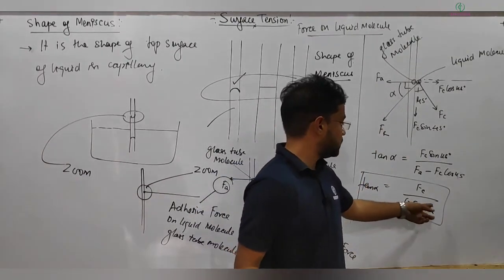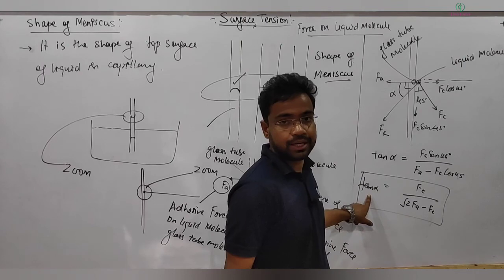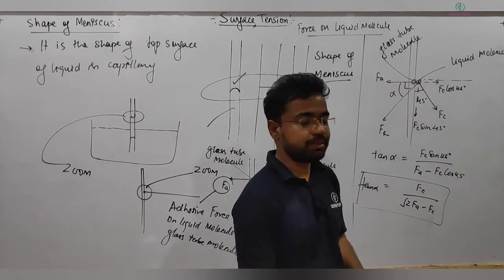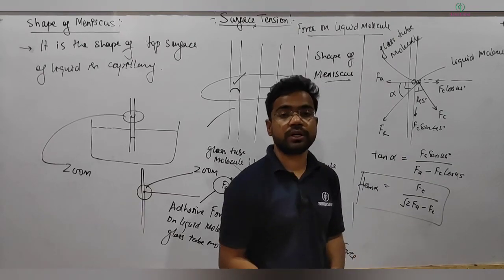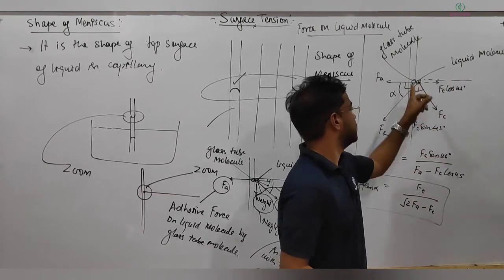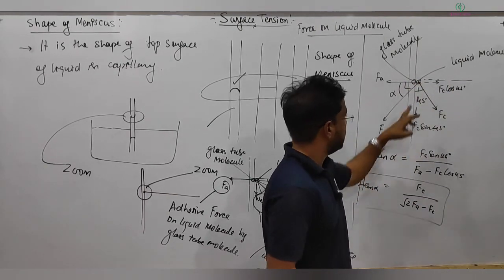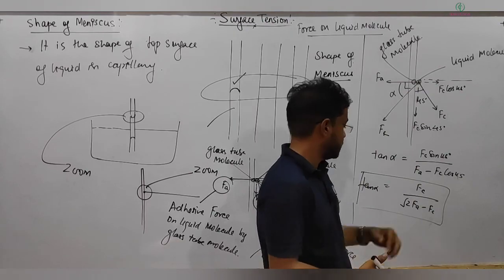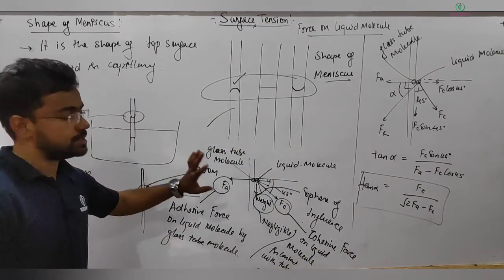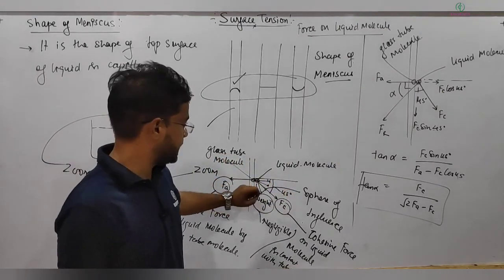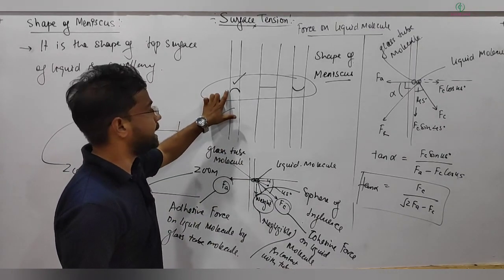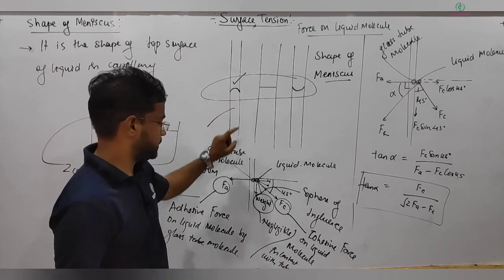Now based on this value of tan alpha, different possibilities can be there. If the alpha value is 90 degrees, then the surface will be exactly flat. So by this time you must be clear what exactly is happening at this junction, at this liquid and capillary tube interface.